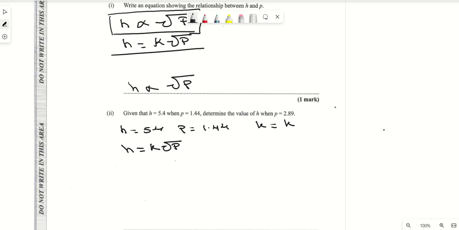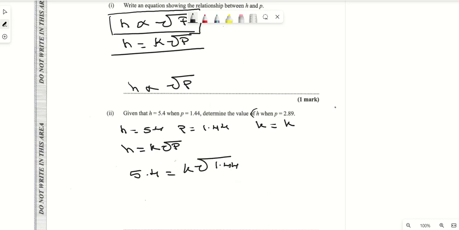Now, something that you need to know is k is also known as a constant, so it does not change. What changes would be the height and the perimeter, but your constant k will not change. So let's find out. If we find out k, we can do this last part here. So they're telling you, right, 5.4 is equal to k by the square root of 1.44.